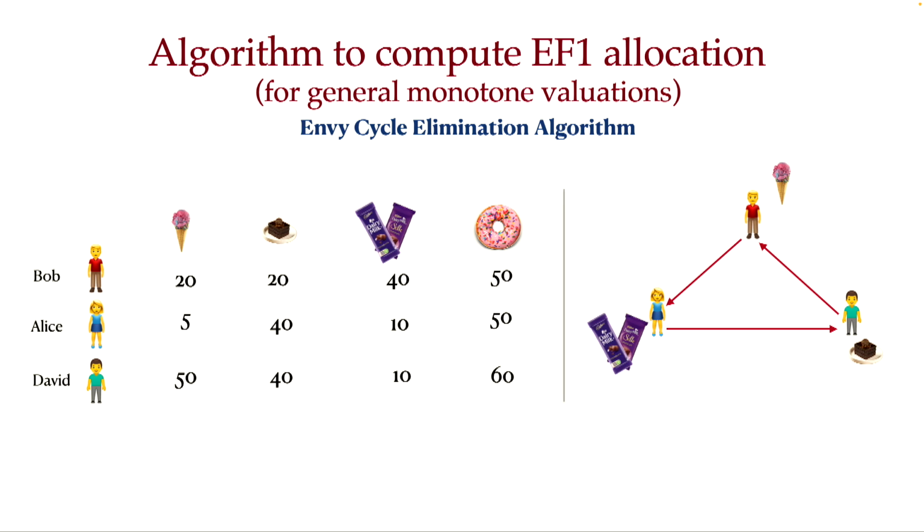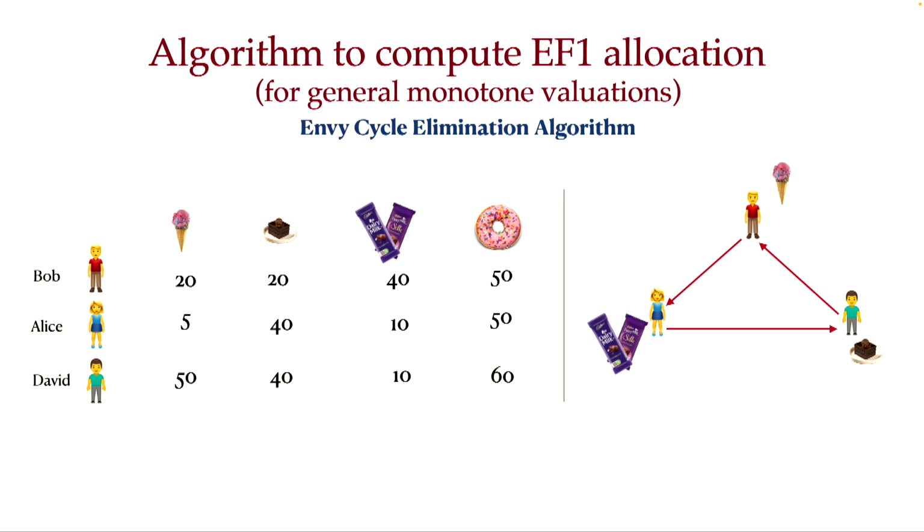So now, what does this arc mean? Each one wants the next one's item, the next one's bundle. If this is pointing to this, it means this agent likes her bundle more, and so on and so forth.